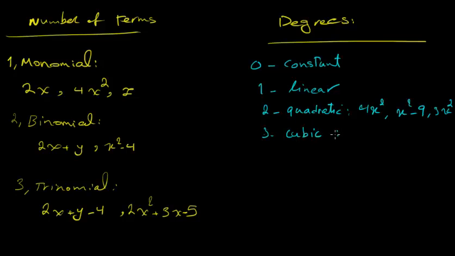A cubic is a third degree polynomial such as 6x³ or 2x³ − 5x² + 5.